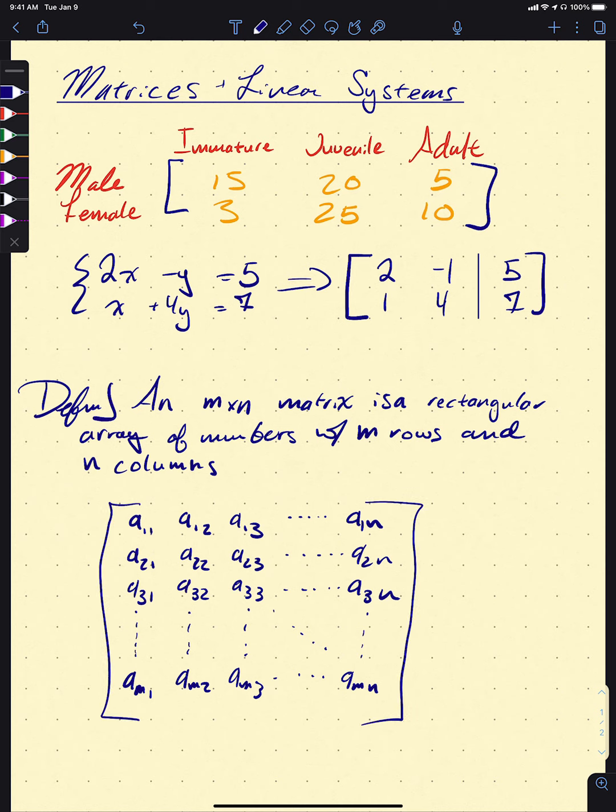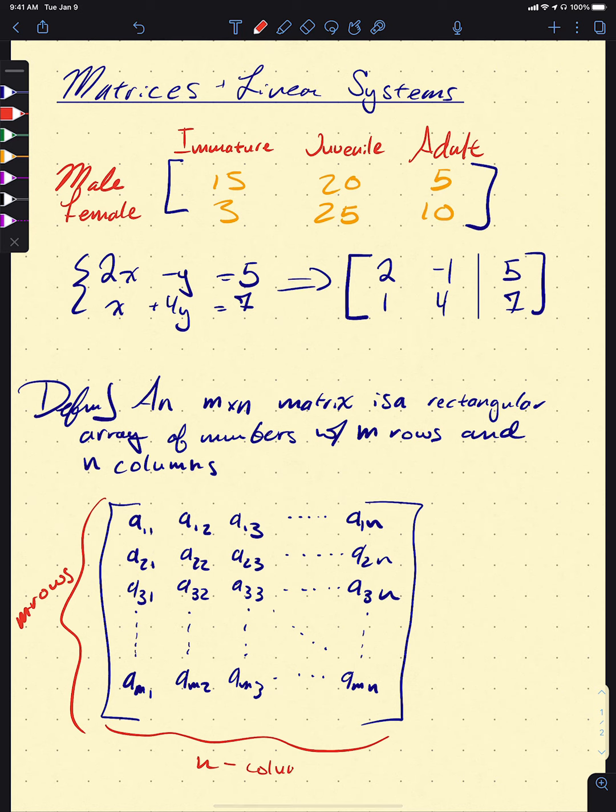Sometimes you'll see them encased by parentheses, but I think our book is pretty standard with using these brackets. And then remember, we have m rows, and we have n columns, okay? And if we're trying to represent a sort of arbitrary entry, you'll notice we use these subscripts.